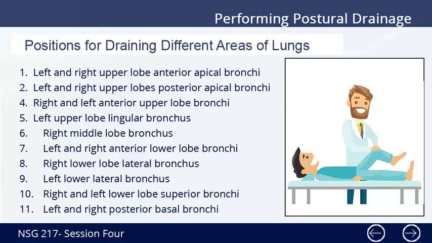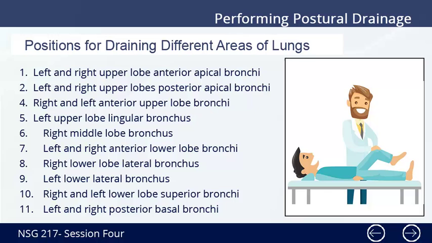Number 5, right middle lobe bronchus. You will have client lie on left side, raise foot of bed 30 cm, place pillow behind back and roll patient 1/4 turned on the pillow. Percuss and vibrate area of right nipple below axilla.